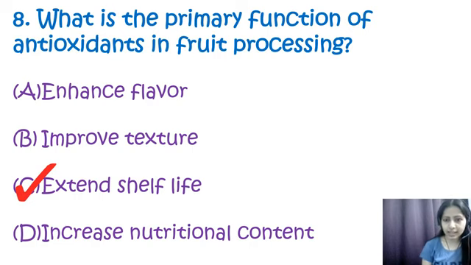So we can say that antioxidants can indirectly enhance the flavor and increase the nutritional content by protecting from degradation. But the primary work of the antioxidant is to extend the shelf life. So over here the correct option among the following will be C, that it extends the shelf life.